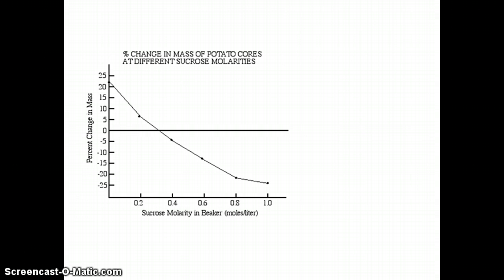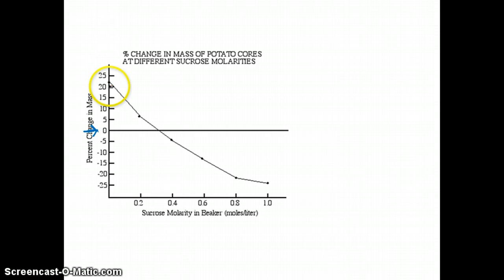And that was at 0% change in mass, meaning that there was no change from the initial mass of that potato core to two days later. That means that the cell is at dynamic equilibrium with the surrounding solution.